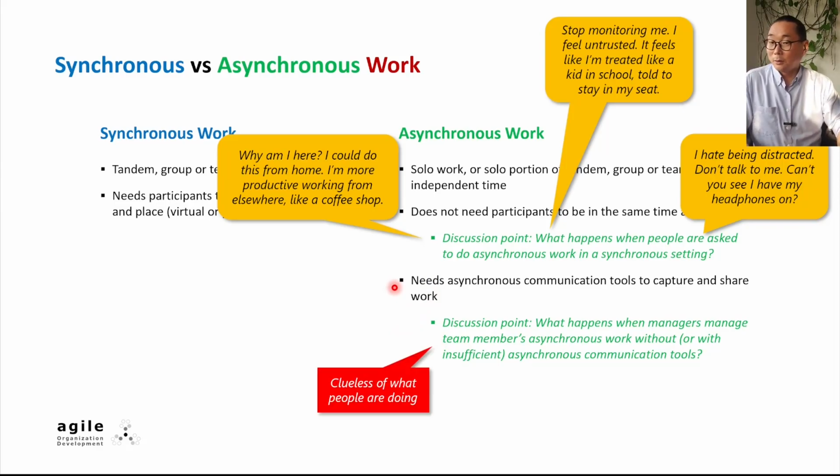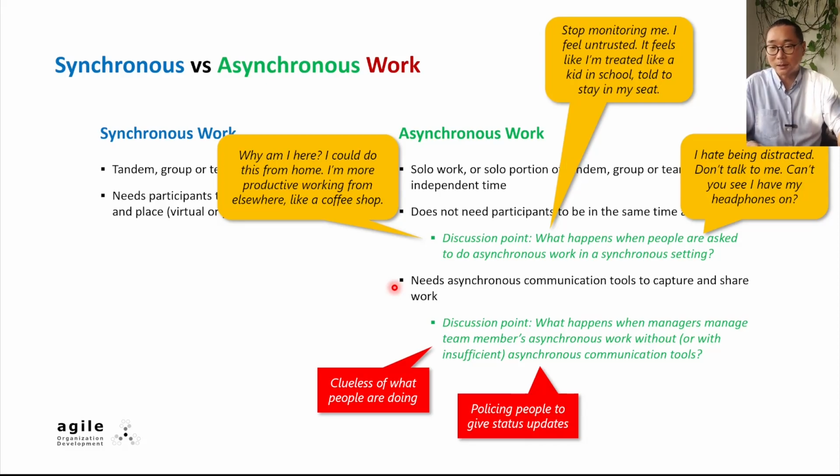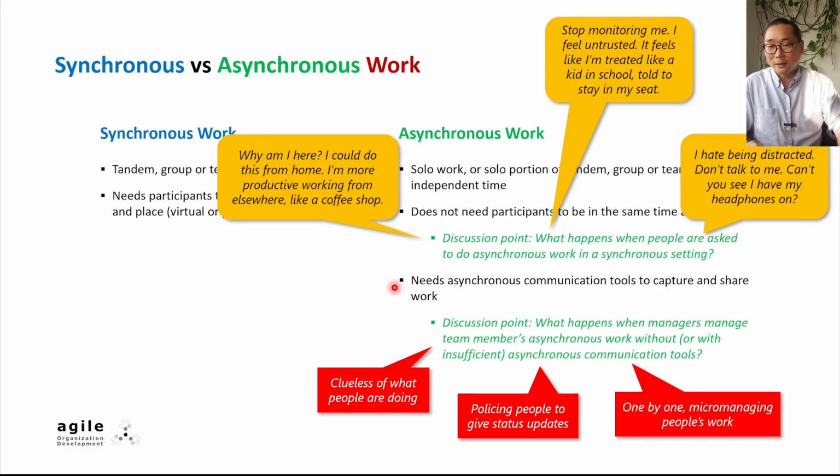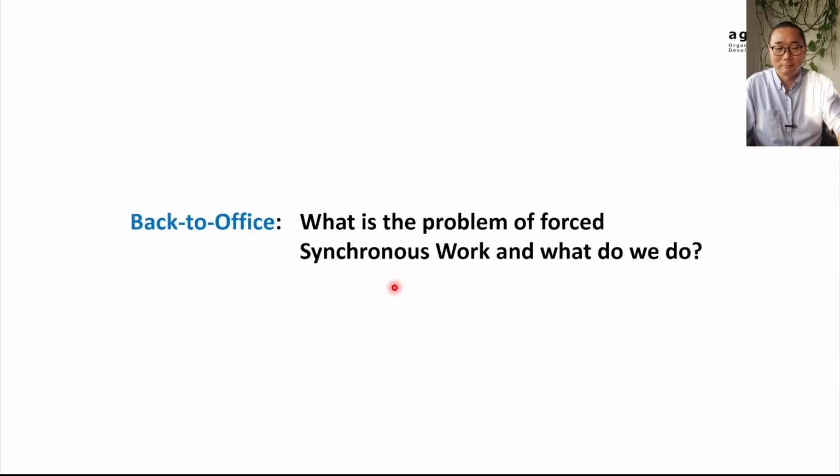They are clueless of what people are doing. They police people to give them status updates. And one person at a time, they micromanage people's work. Doing asynchronous work in a synchronous setting is exhausting for both the worker and the manager.